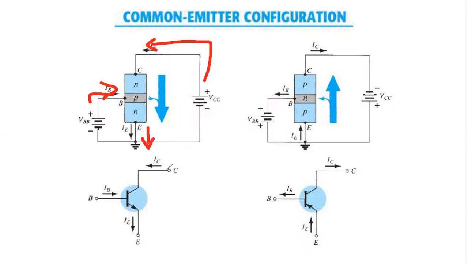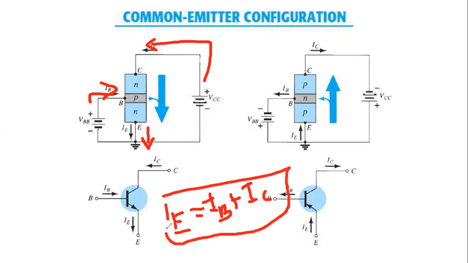So we all know that IE is equal to IB, the base current, plus IC. This is always true for all configurations, for all types of transistor. Remember that the emitter current is always equal to the base current plus the collector current.